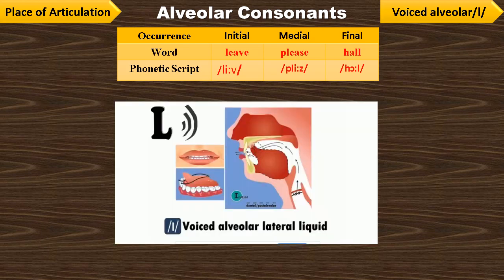It is a voiced alveolar, so we could see the vibration in the vocal cords. The tip of the tongue just rises towards the teeth ridge and touches the alveolum, and the air just releases on the sides of the tongue. It is a lateral sound.